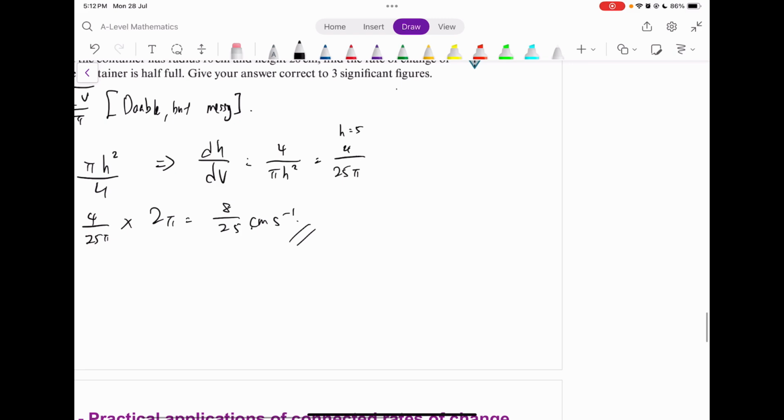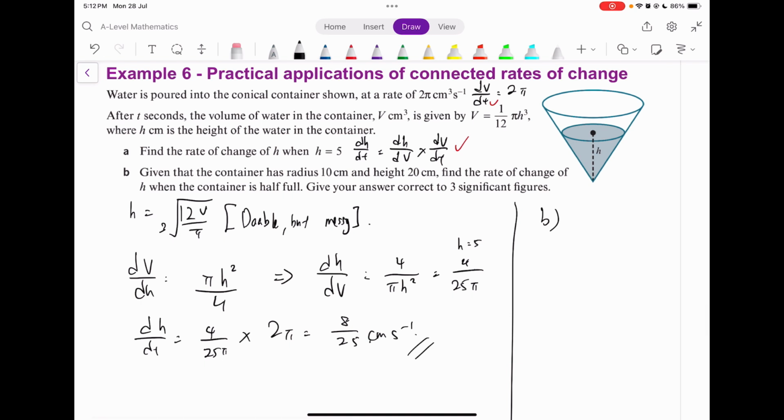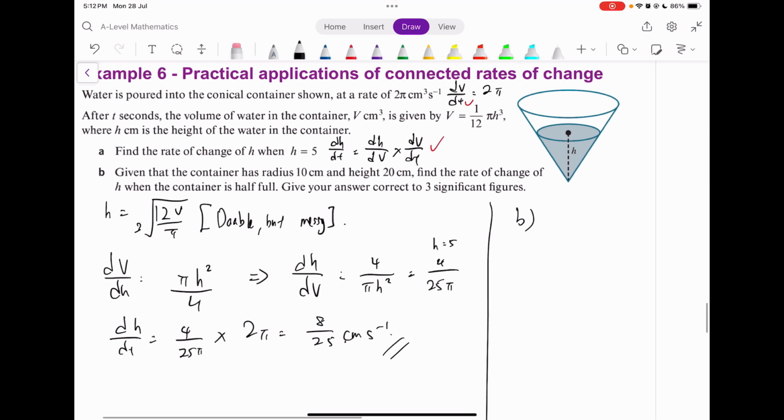Now, question B is a bit of a headache because we have to use what they have given and replace it back into the equation, which I know is difficult. In university topics, this is called iteration, meaning repeating, but you usually only repeat once. So let's have a look.